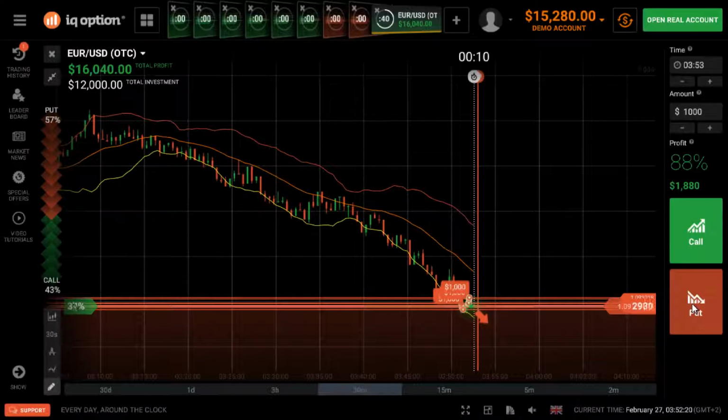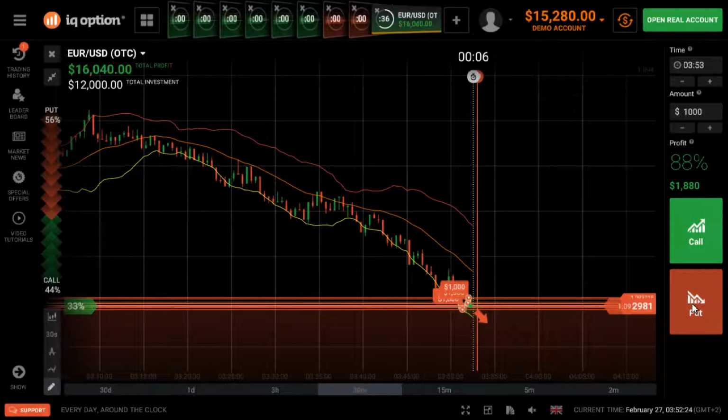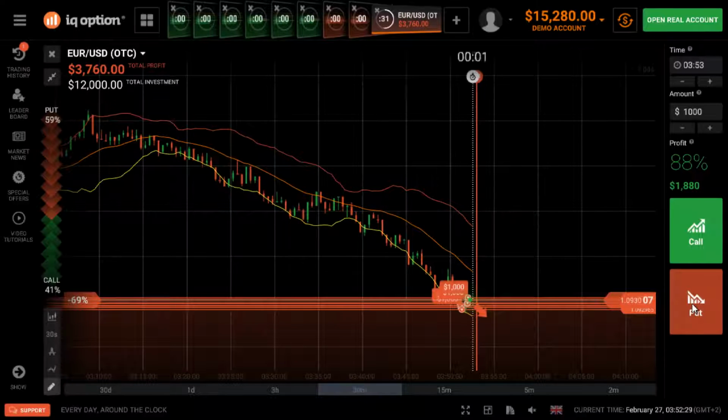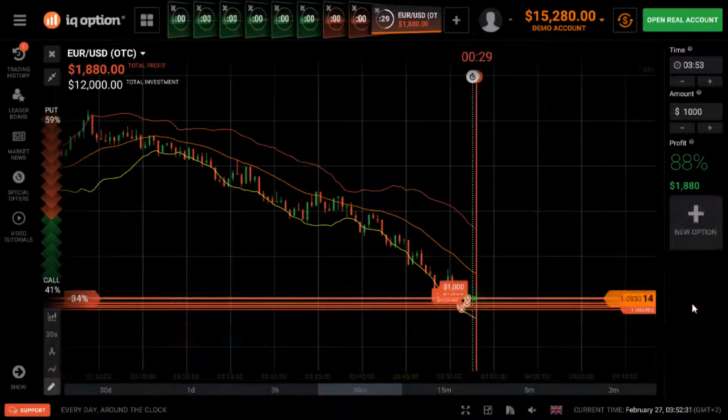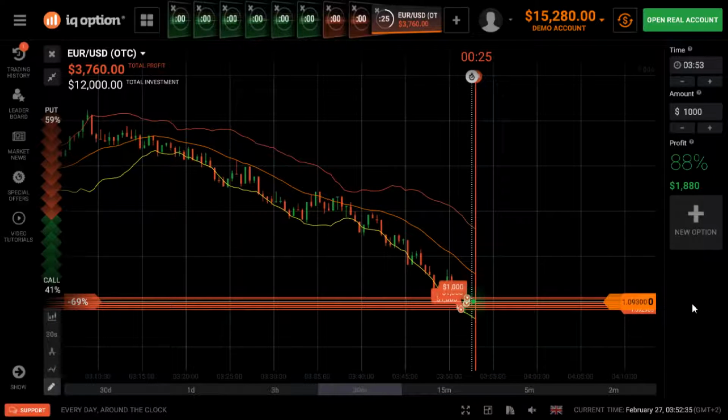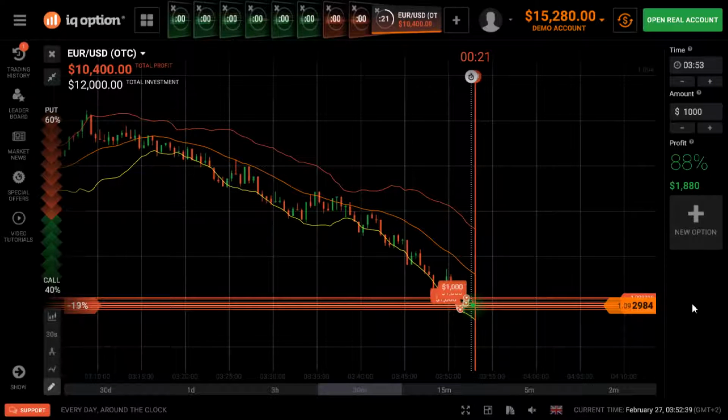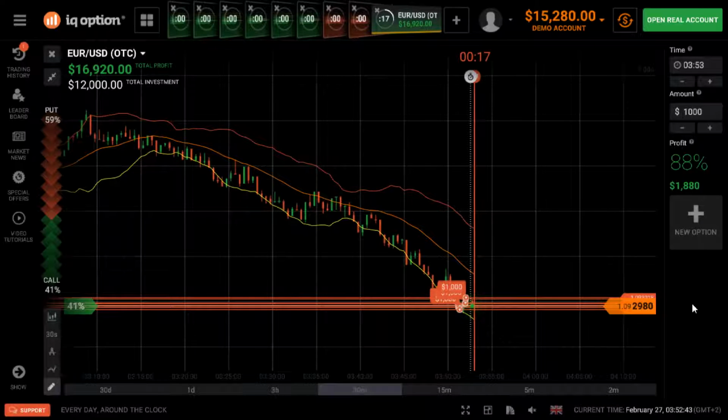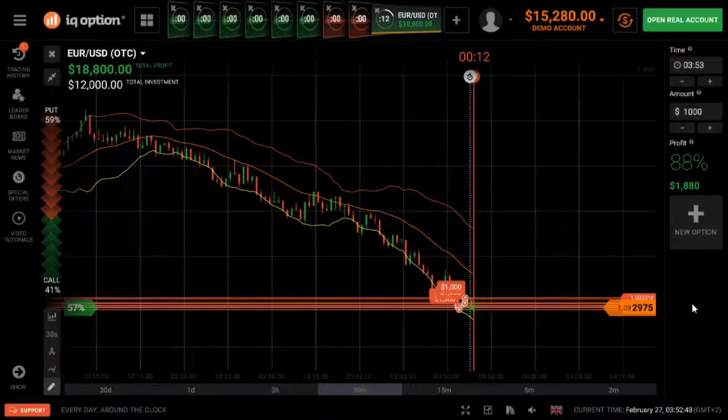Some charts just flip at the very end of the 30 seconds home stretch, or some chart candle is going back and forth every 30 seconds and you have no idea where it's going to settle.